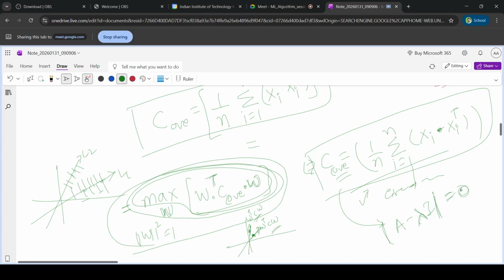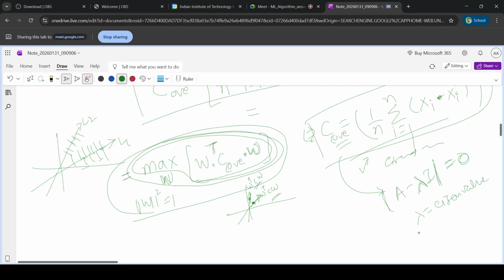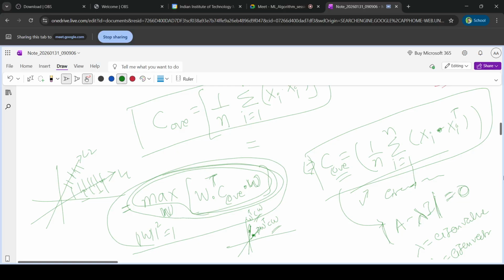So how do you calculate the eigenvalue? You put this covariance matrix here minus lambda I, and then you find the eigenvalues, and the corresponding eigenvector is the W value.